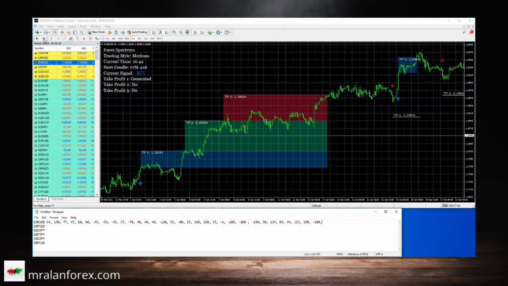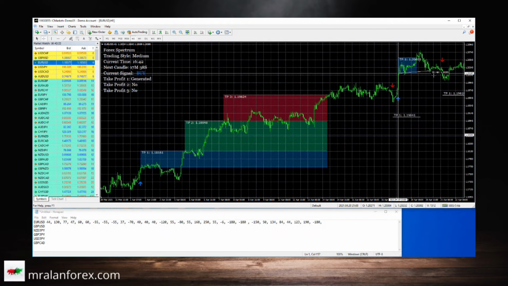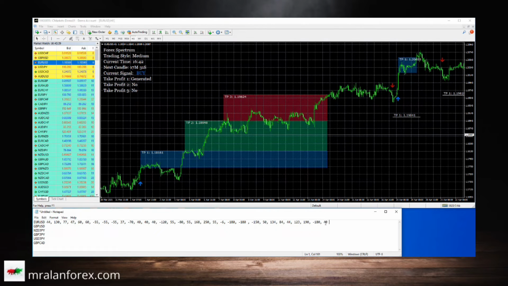This one here, first take profit, so we get 40, but then we get minus 14 twice, so we get 40, and then minus 28.